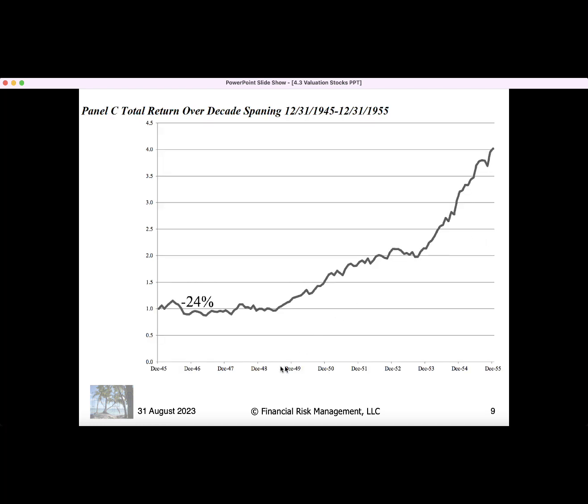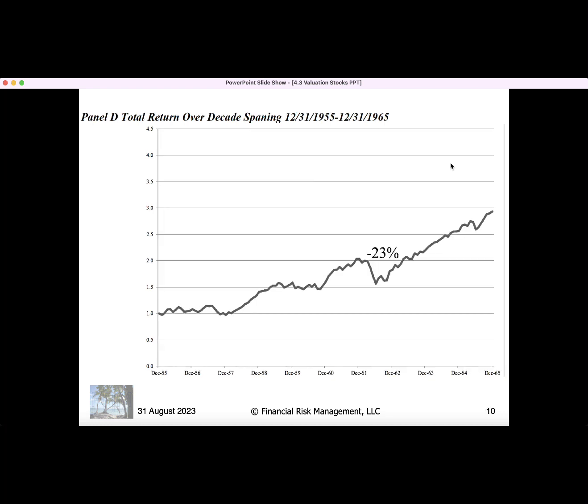In 1945 to 1955, notice that the market near the end of the war, World War II, was down 24%. However, the economic boom that occurred post-World War II over this next decade, a $1 investment would turn into about $4.